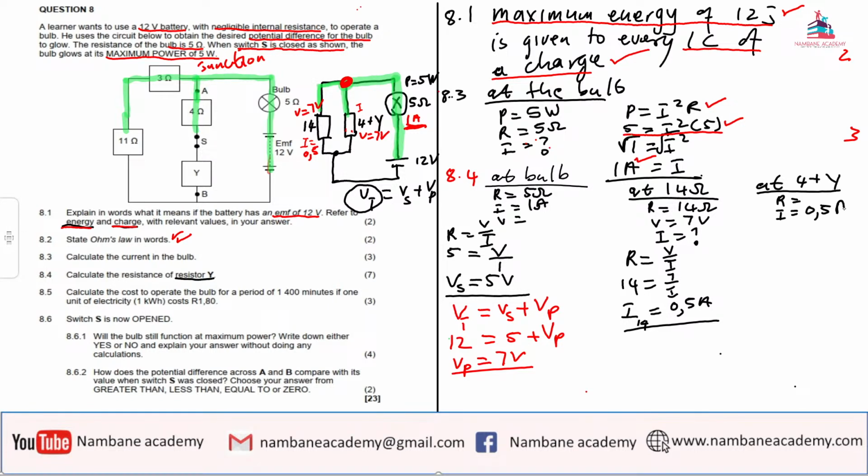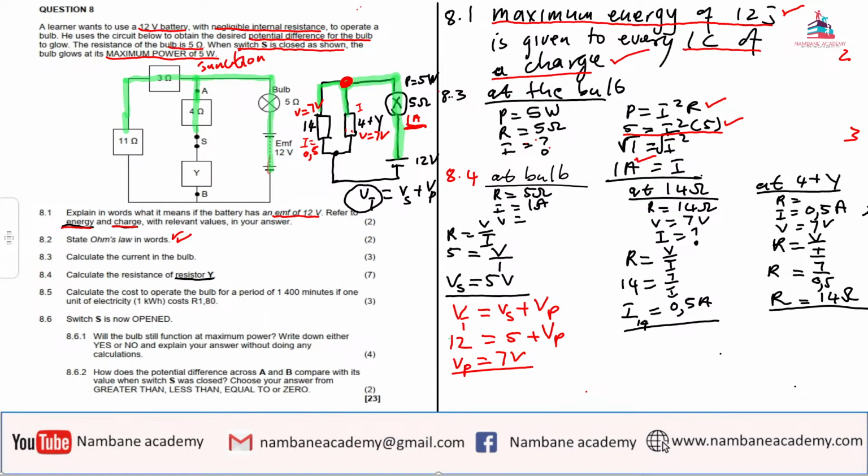Yes, Mr. Nyokong just said it is 0.5. Do I have V? Yes, it is 7V. Can I calculate R? R equals V over I. This becomes 7 divided by 0.5, which gives R equal to 14 ohm.